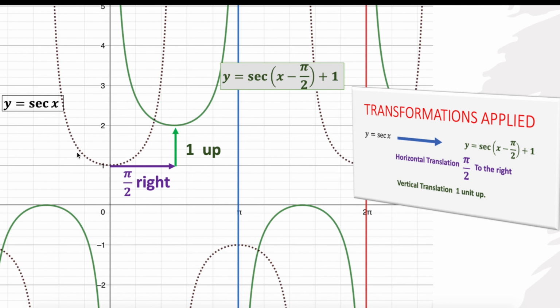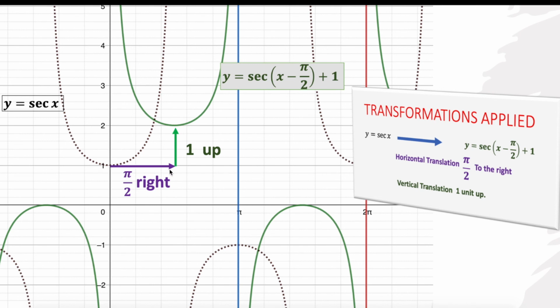The dotted black graph is the secant parent function. All these dots are the secant. I have to move it pi over 2 to the right, which is halfway between 0 and pi, and 1 unit up. So from 1 to 2 is 1 unit up.